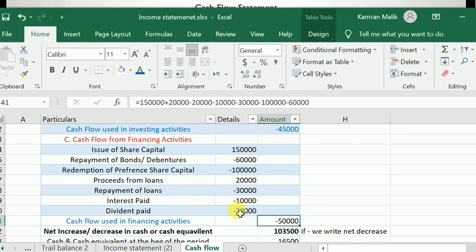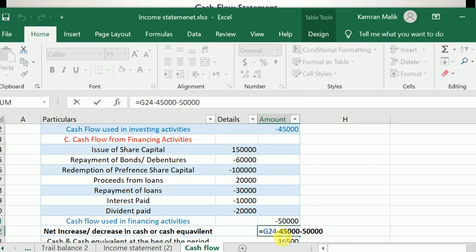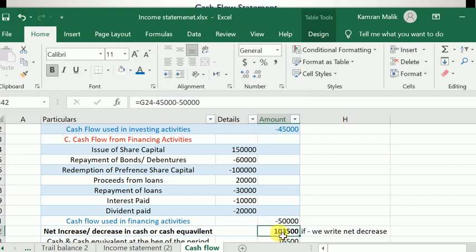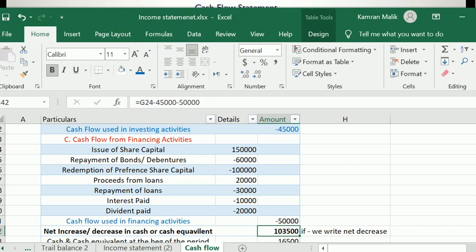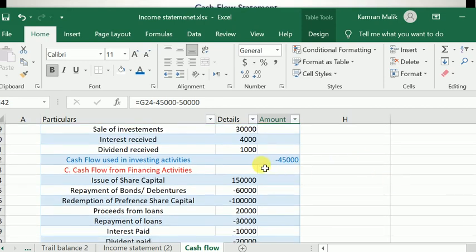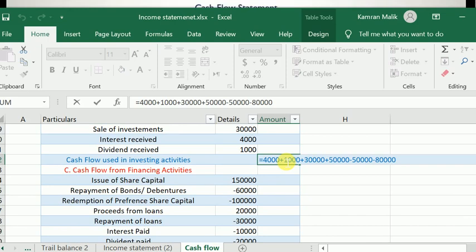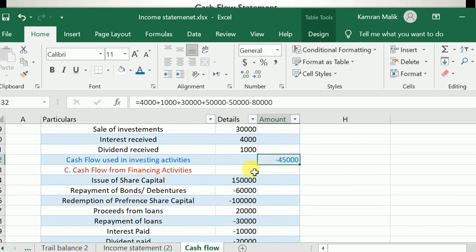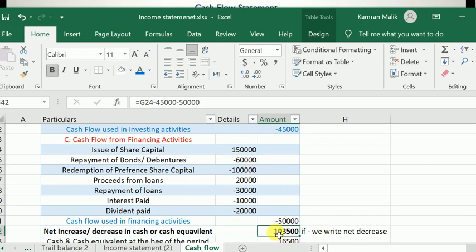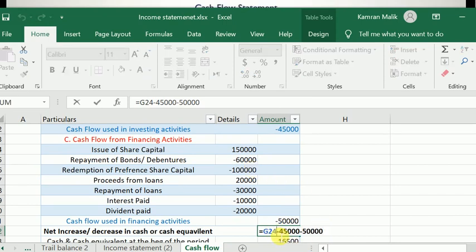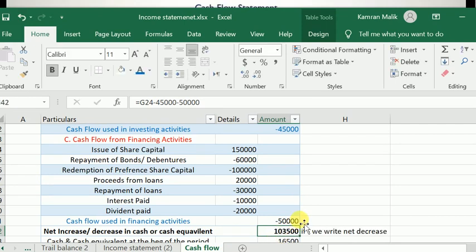And now, in order to know the net increase or decrease, what we actually did is, on the two sides we have two values here, right? You see, this value is the cash that is coming to us from the investing activities, right? And the cash that has come to us from the financing activities.